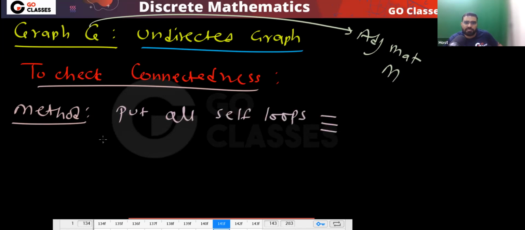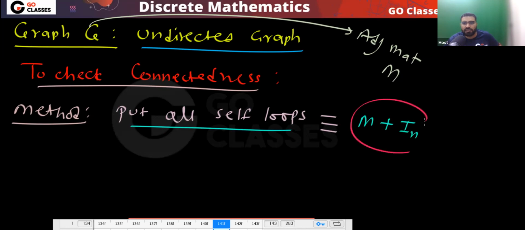That is the same as creating M plus IN, where IN is the identity matrix, where all the main diagonal elements are 1 and all the remaining elements are 0.